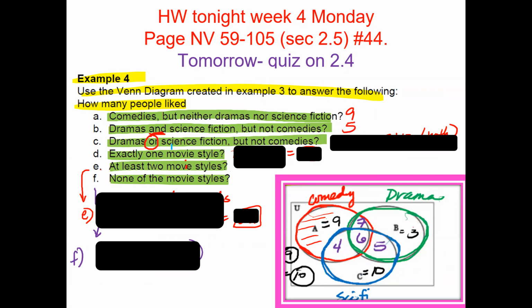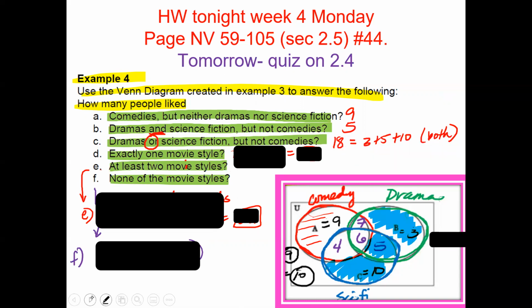C, drama or science fiction. So drama, science fiction, but not comedy. So it's going to be the drama, both, and science fiction. So I'm looking at the 3 plus 5 plus a 10, which is going to give me 18.